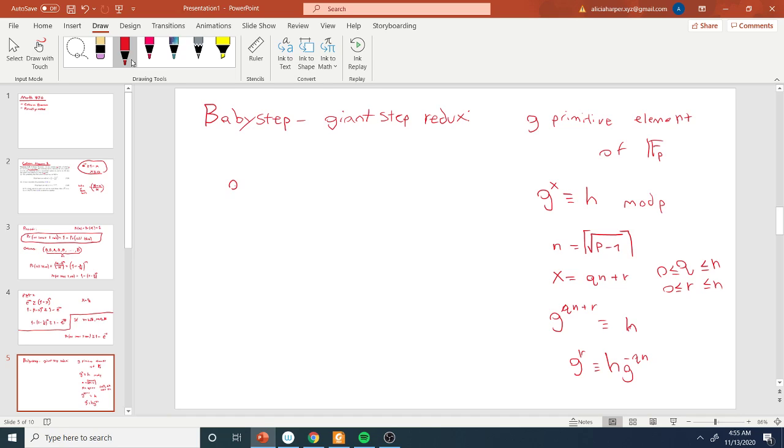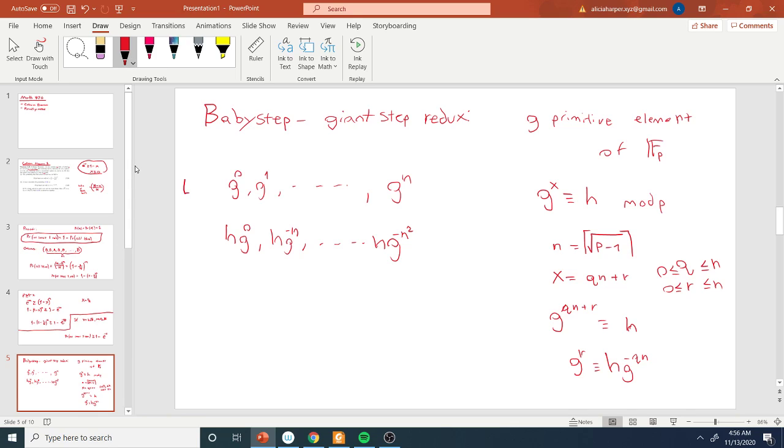One list is g to the 0, g to the 1, and so on, all the way up to g to the n. And the other list is h, g to the 0, h, g to the negative n, and so on, all the way up to h, g to the negative n squared.